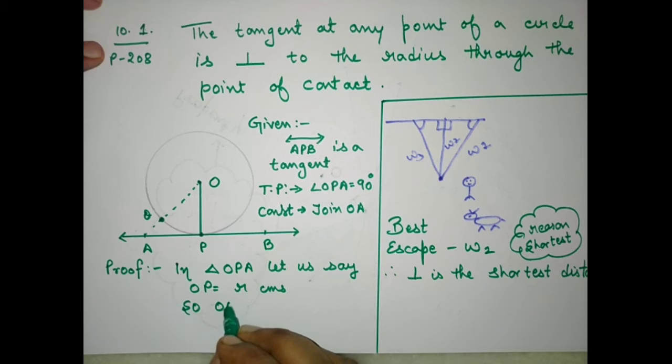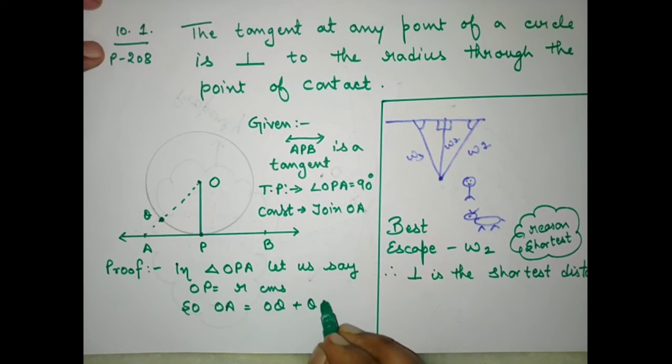Now because OQ is also the radius, it will also be R, and OA is nothing but OQ plus QA. So it is R plus QA. It means OA is R plus something, where R is the same as OP.